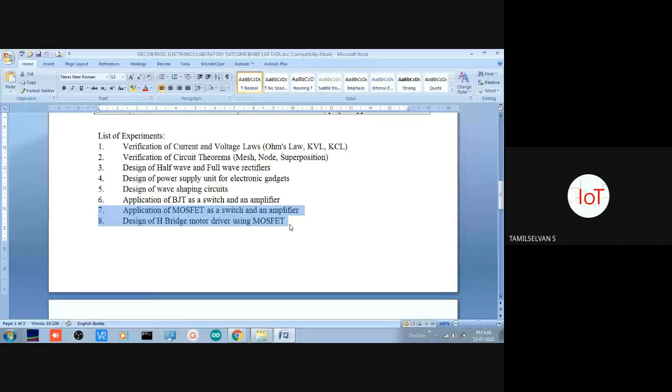But in the case of BJT, if you are expecting 5 volts, it will give you 4.7 or 5.2 volts, so you get a plus or minus 0.3 error. Also instead of getting 0 volts, it will give you something like 0.3 or 0.5. If you want to overcome that error, you have to go with MOSFET devices. I'll tell you how to design with MOSFET devices and what they are used for.